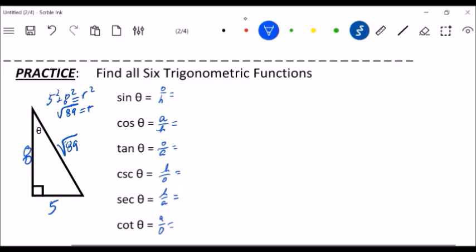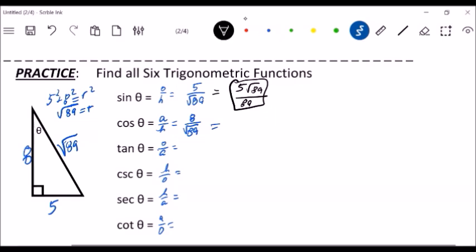So the opposite over the hypotenuse becomes 5 over the square root of 89. Since we have to rationalize it, we're going to get 5 root 89 over 89. And we're going to do the same concept with the next one, only this time it's 8 over square root of 89.